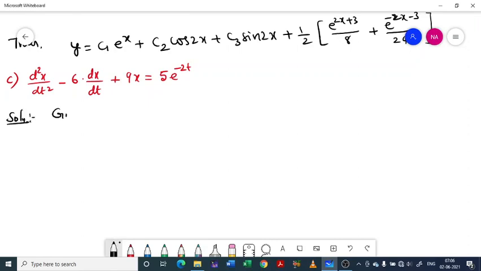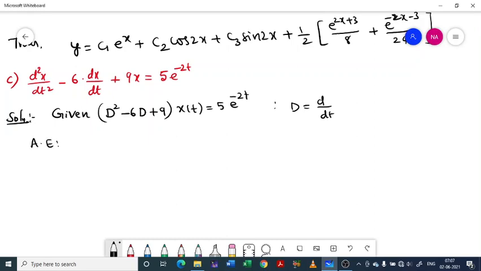So given d square minus 6d plus 9 into x of t equal to 5 e power minus 2t, where d stands for d by dt. Auxiliary equation, so that is m square minus 6m plus 9 equal to 0. You can observe that this is m minus 3 whole square equal to 0. So m equal to 3, 3.